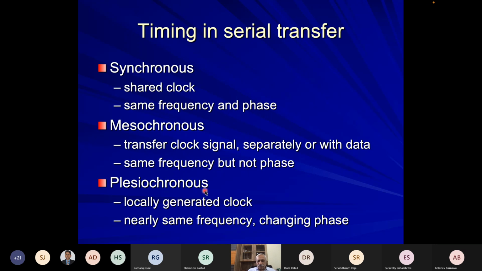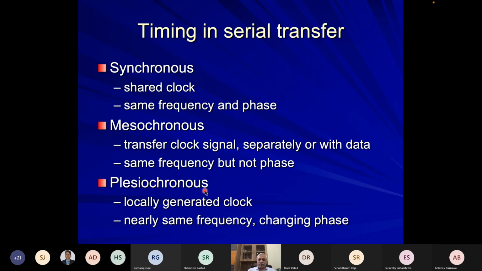Suppose both say that the data transfer has to be with the clock running at 10 kilohertz, 10 cycles per second. They will have their own clock generator, which one may actually be 10.0, the other may be 10.0001. There could be a slight difference in frequency because these are being generated independently.